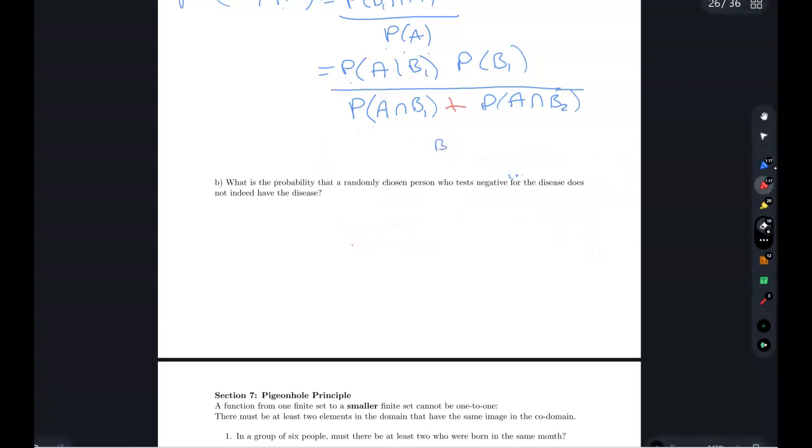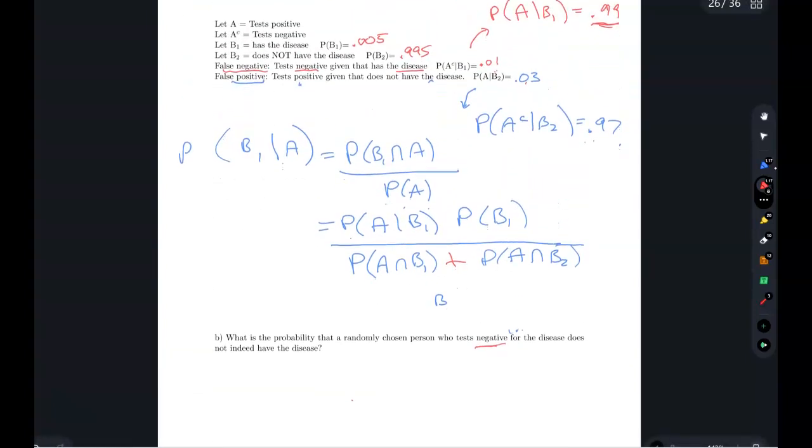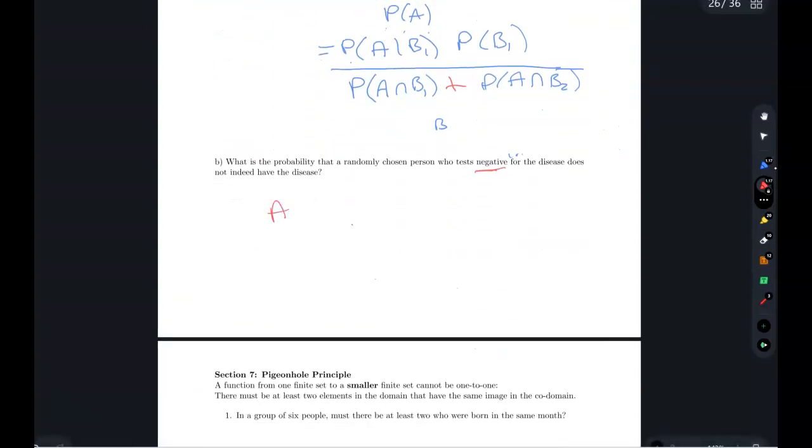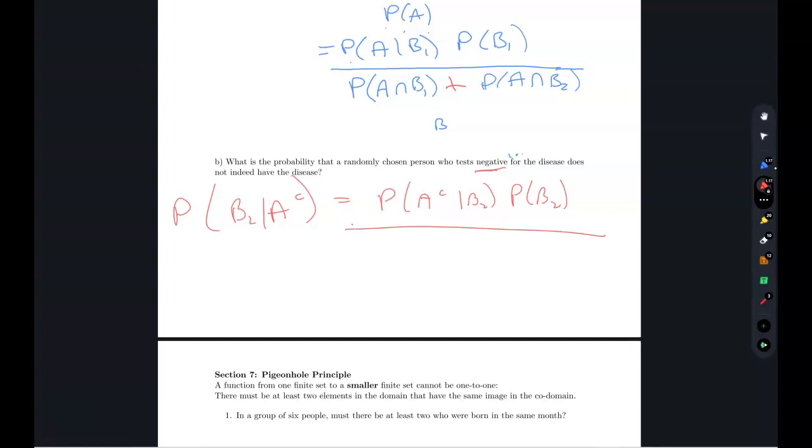The last bit: the probability that a randomly chosen person who tests negative does not have the disease. Testing negative is the complement, so given that they test negative, we want B2. That's the probability of A complement given B2 times the probability of B2, with the same things on the denominator, plus the probability of A complement given B1 times the probability of B1.